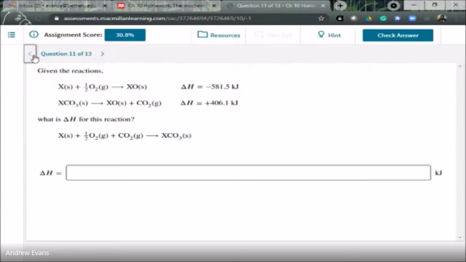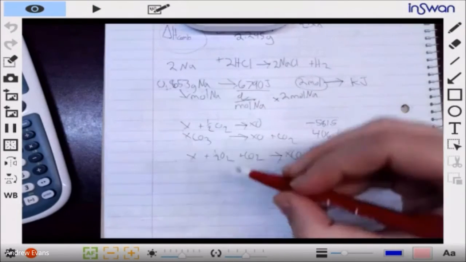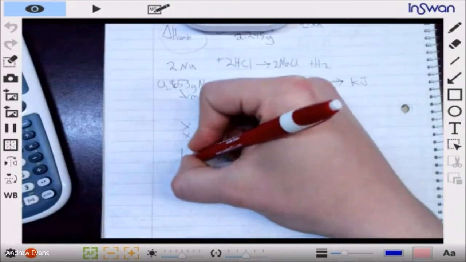I'm writing these down, negative 581.5 and 406.1. Your numbers may be something completely different. So in one way or another, we're going to have to add these equations together. We want to get this equation.